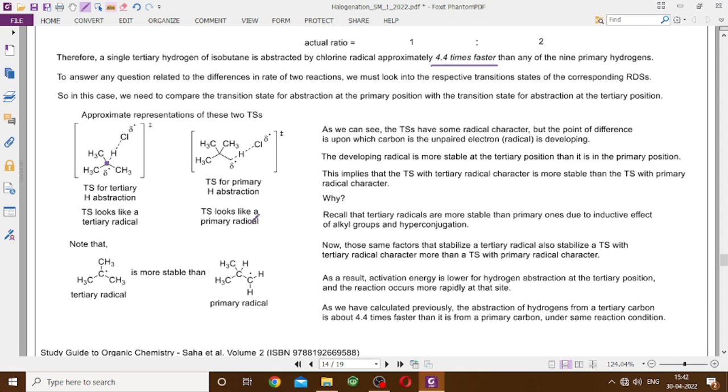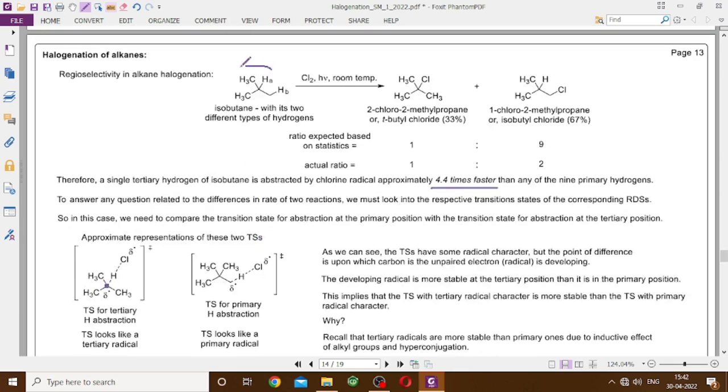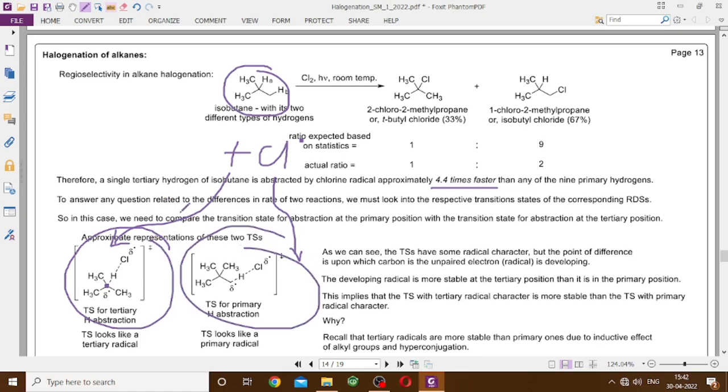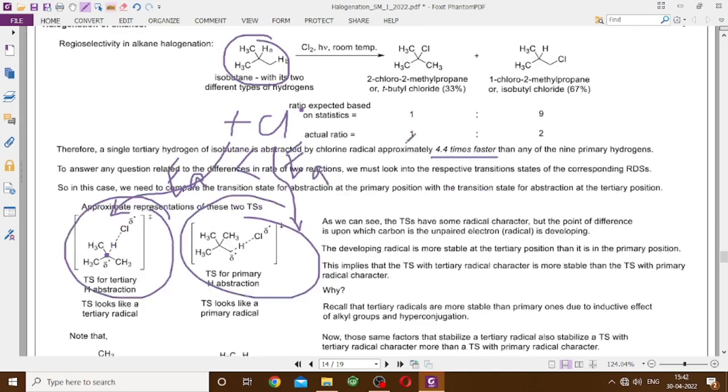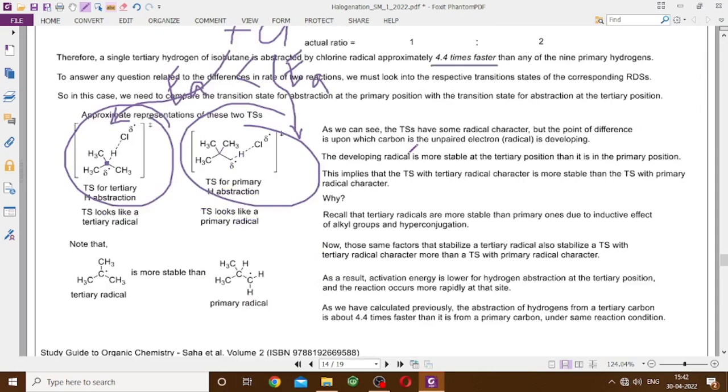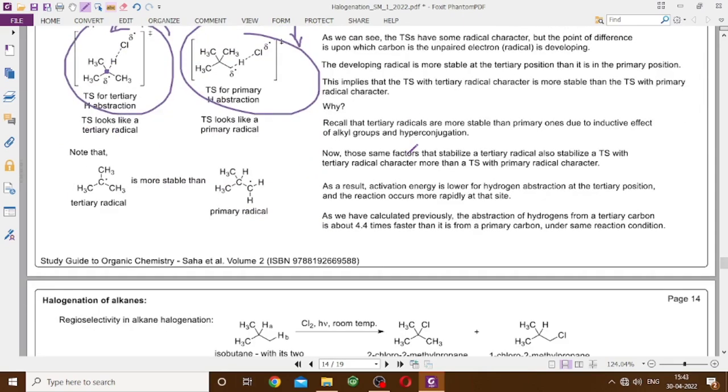As a result, because we are starting from the same compound, we are starting from these and from chlorine dot, but we are accessing either this one or this one. If this one is more stable than this one, then the activation energy for that path will be lower than the activation energy for that path, and obviously HA or the tertiary hydrogen will be abstracted at a faster rate.